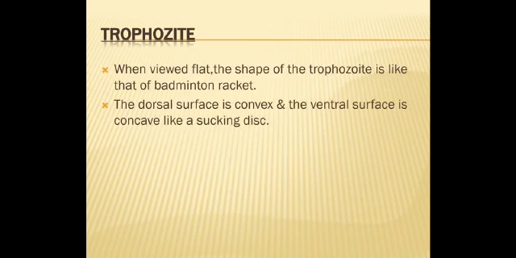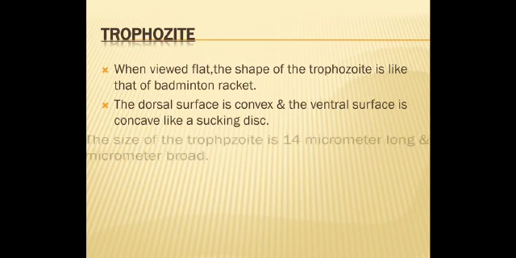It has the shape of a badminton racket, that is rounded anterior end and pointed posterior end. When seen from the side it appears convex, so concavo-convex. The one end is rounded, the other end is deep inside. So it appears like a convex surface. The concave part has a sucking disc which attaches to the mucosa.